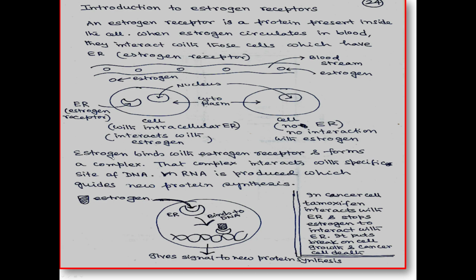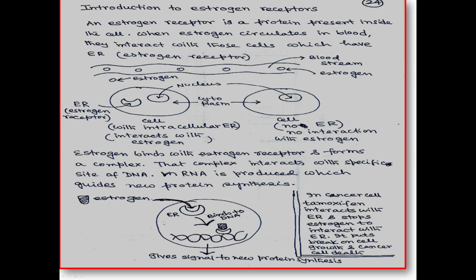Now estrogen binds with the estrogen receptor and forms a complex. That complex interacts with the specific site of DNA, and RNA is produced which guides new protein synthesis. So let us see what is written in these previous four lines.